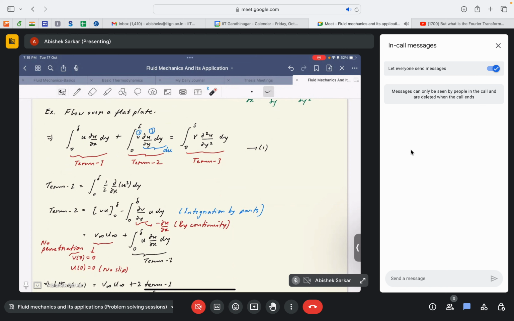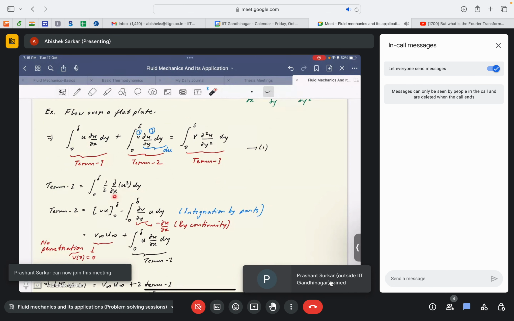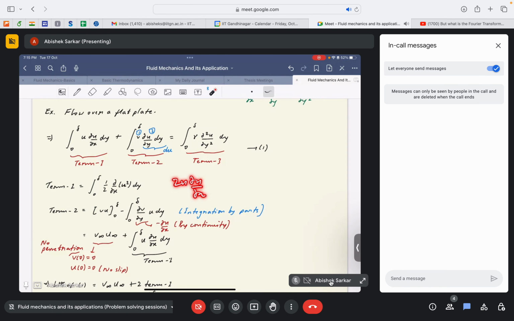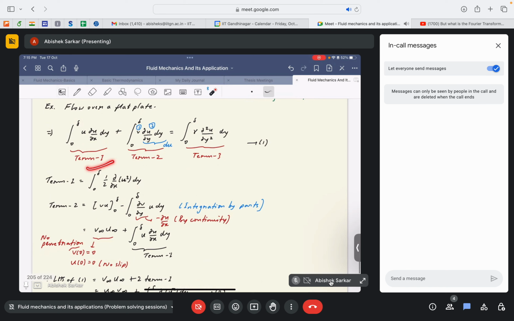If we modify the argument in the derivative from u to u squared, this term will give 2u ∂u/∂x, right? So we multiply by half to get the same term here. So the first term will be of this form.